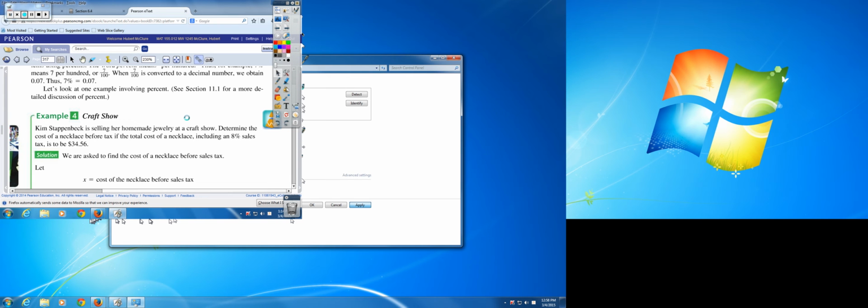Walmart equation. Remember the Walmart equation? X plus or minus percentage X is equal to the total. Come on, y'all can do that. That's not hard.